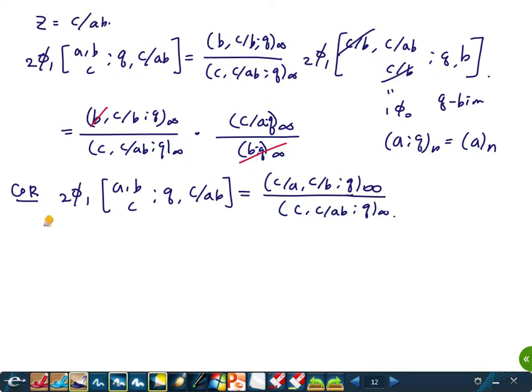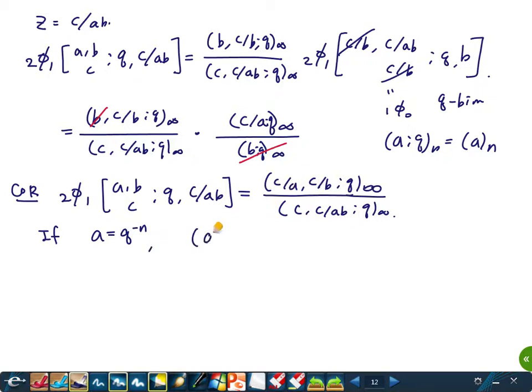And moreover, if one of these is a negative power of q, then we get even better. Then what happens here?